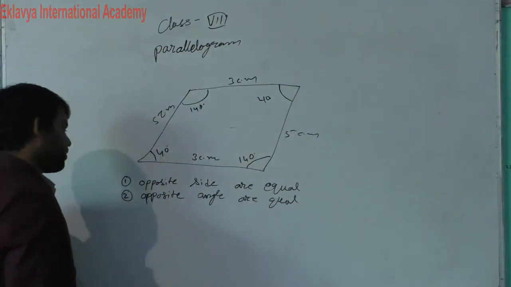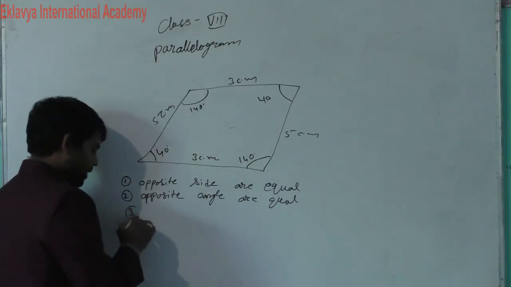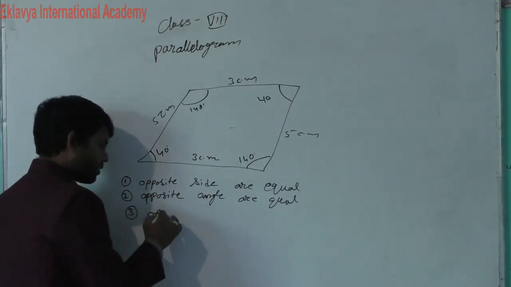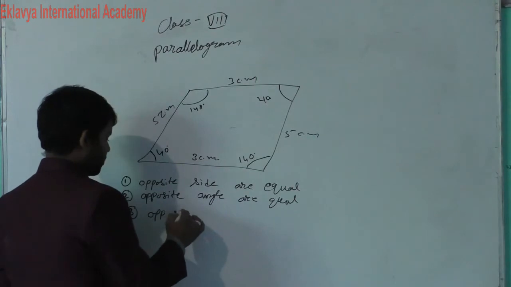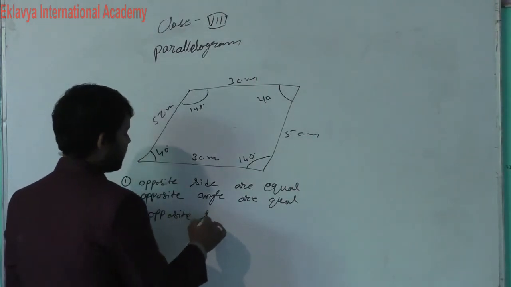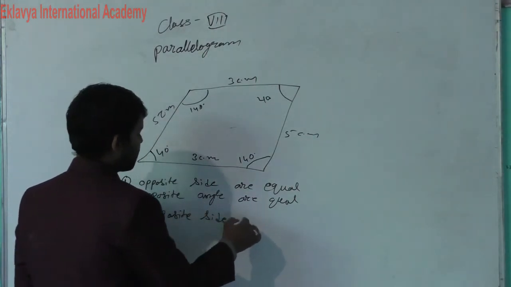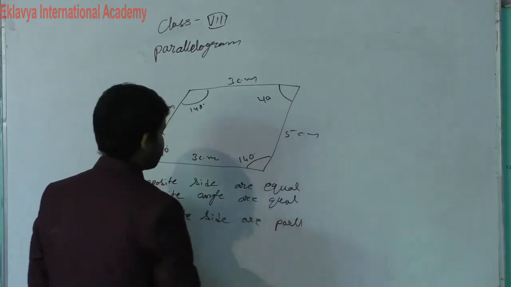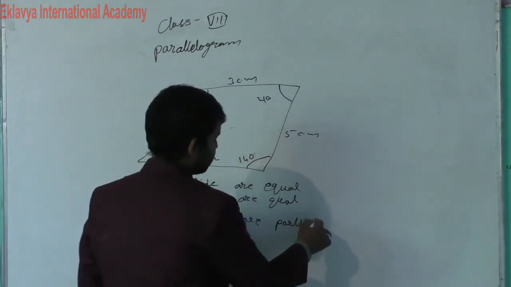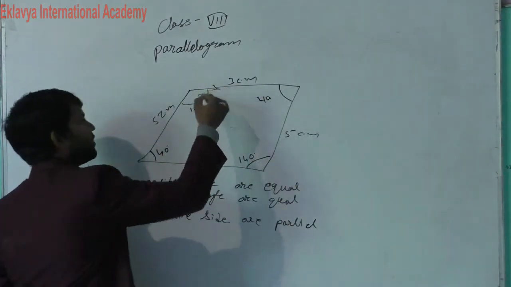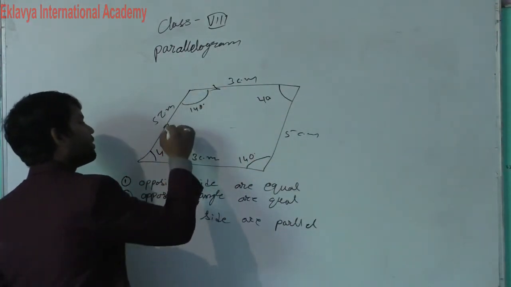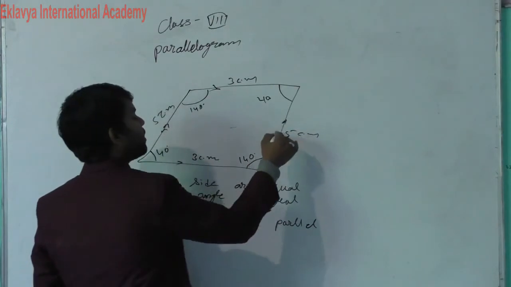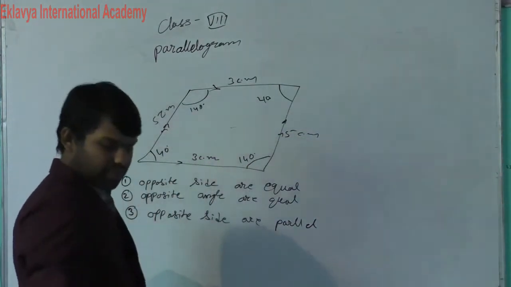Opposite sides are equal. The third property is that opposite sides are parallel. It means this one side is parallel to this one side.